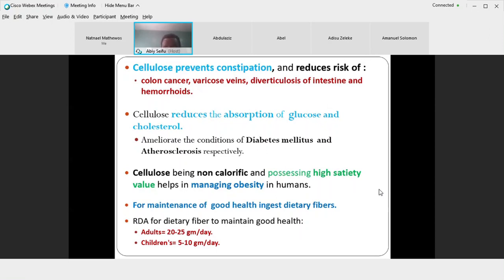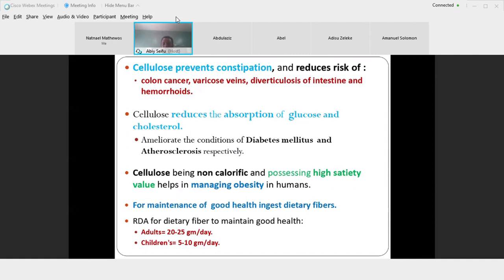How does cellulose reduce blood cholesterol levels? This is good to lower the risk of atherosclerosis. How does taking a good amount of dietary fibers reduce our blood cholesterol? What's the mechanism?